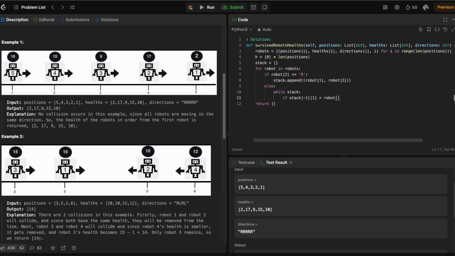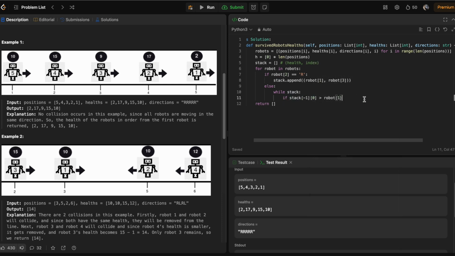So we do stack. The items on the stack are gonna be health and then index. Am I making this too complicated by doing that? Maybe we should have just pushed the entire robot tuple on. Oh well, doesn't really matter.